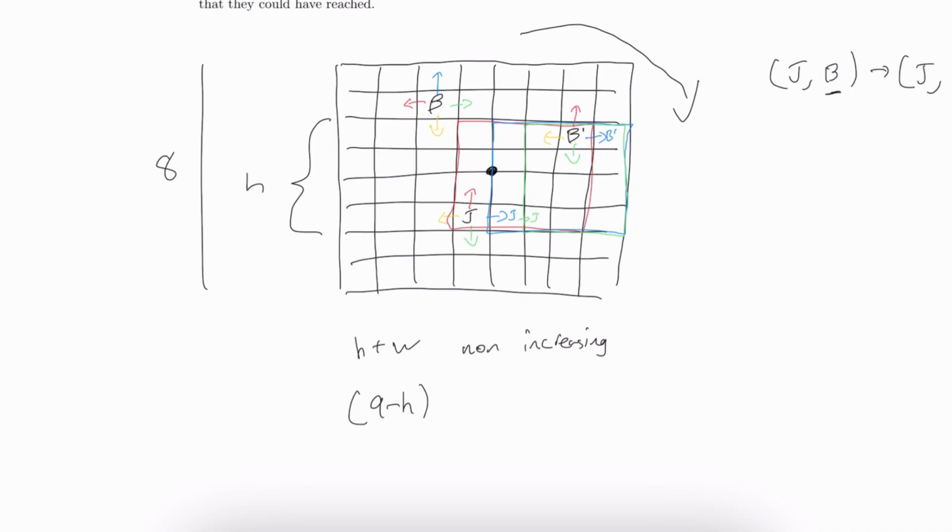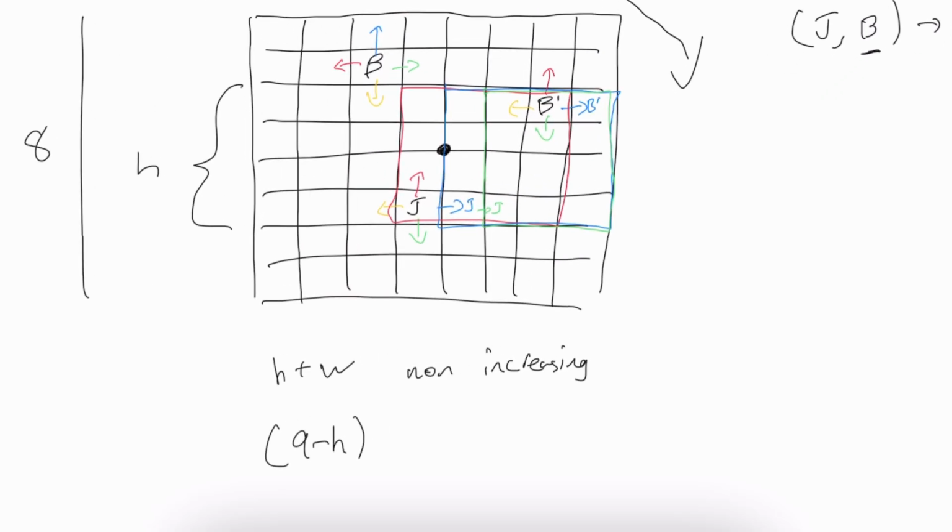So for instance, since this is 4, we can either have 4 here, 4 here, 4 here, 4 here, or 4 this way. And that is 5 ways. So 9 minus 4 is equal to 5.